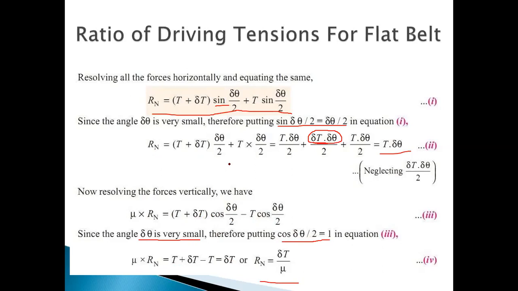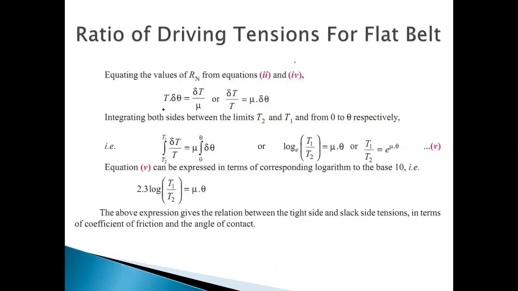But here we also have the value of Rn as T delta theta, and we get Rn is equal to delta T by mu. Equating both equations, T delta theta is equal to delta T by mu, or delta T by T is equal to mu into delta theta.